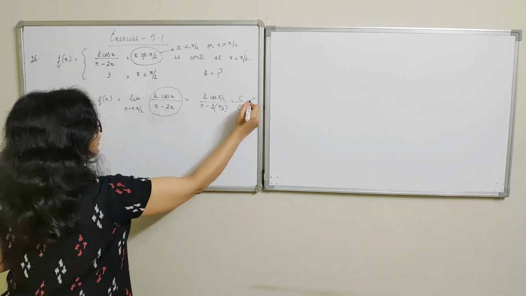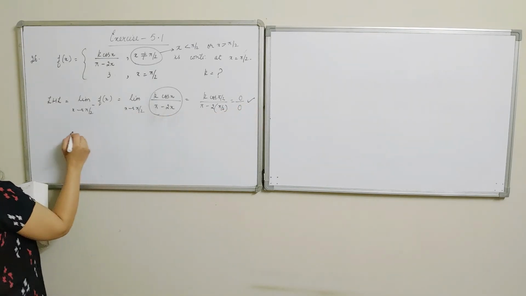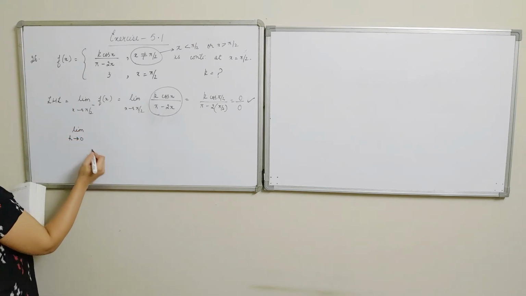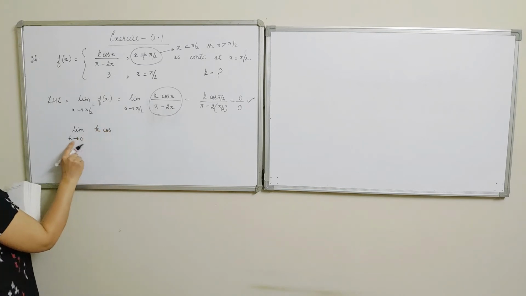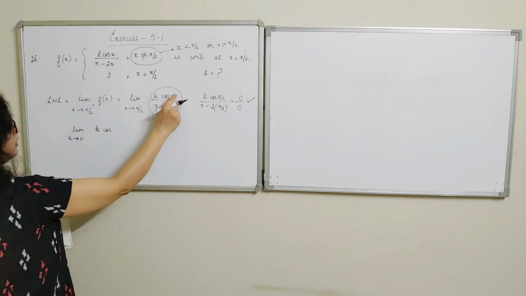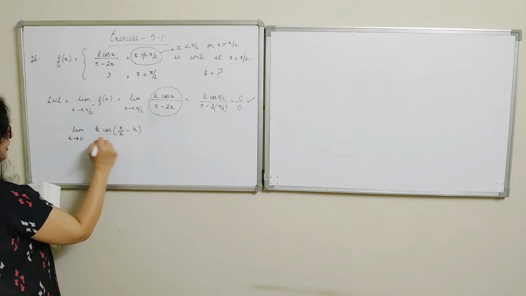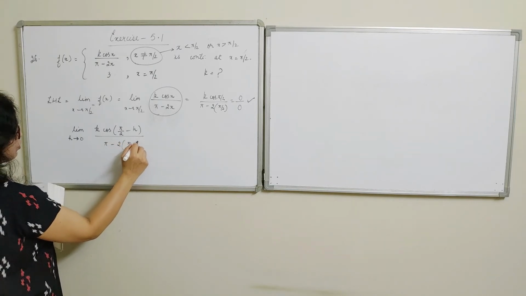Because we get the indeterminate form here, let us change the limiting point to h tending to 0. Whenever we change the limiting point to 0, this variable has to get replaced by pi by 2 minus h. So pi minus 2 times pi by 2 minus h.